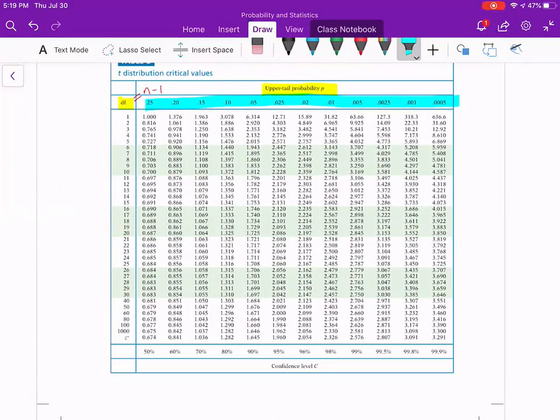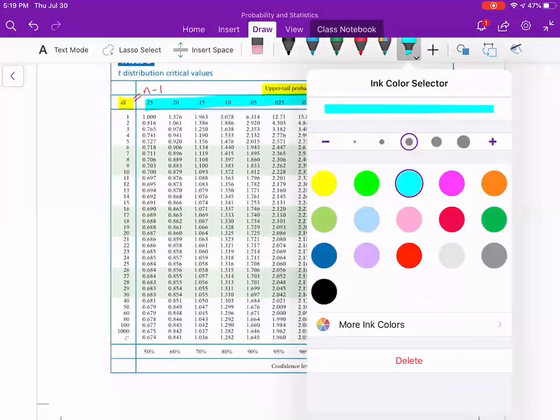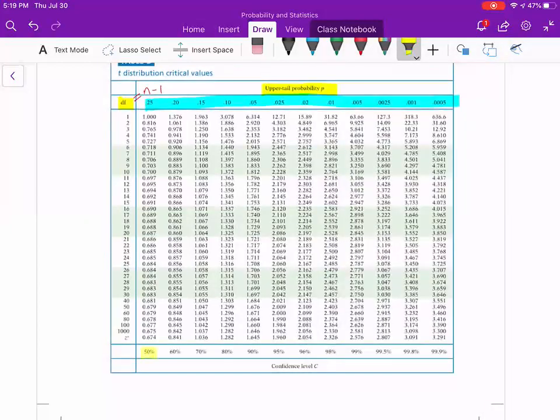It's important to know where things are in the tables that you're going to be using. A lot of students do tend to use this bottom row, which are confidence levels. I'm going to teach pretending that that row doesn't exist. Students tend to find it anyway and use it as a crutch.